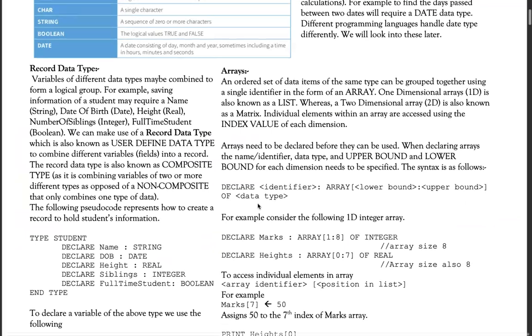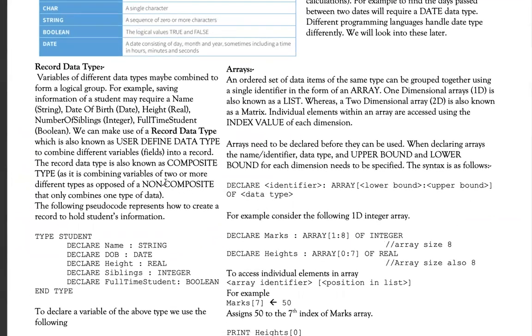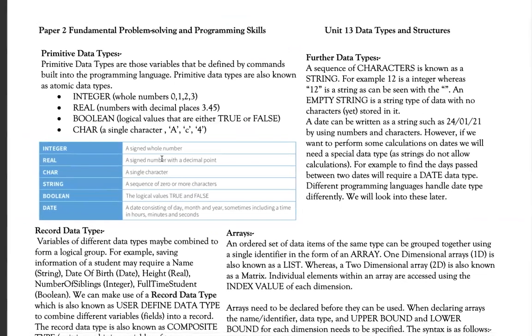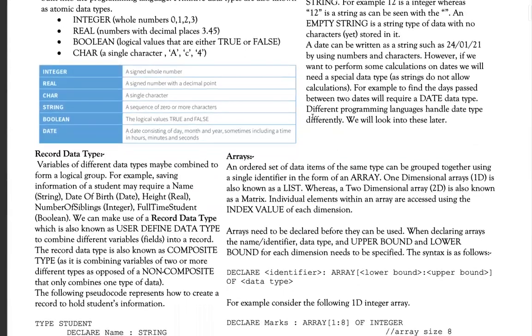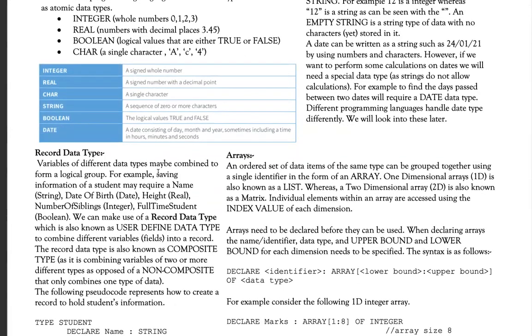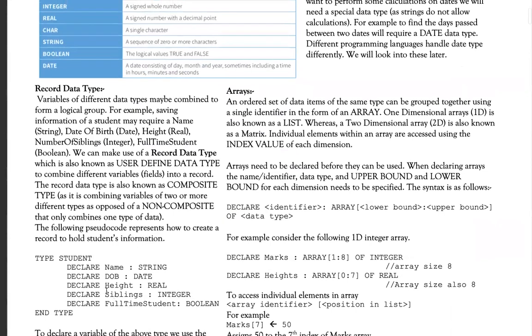Now, after that, we'll have something known as a record data type. If, for example, you are unable to solve a problem with your primitive data types as well as your further data types, you can create a user-defined type. By user I mean the programmer. The user can choose to create a data type of their own. Now, the data type we're looking at right now is the record data type. Record is known as a composite data type.